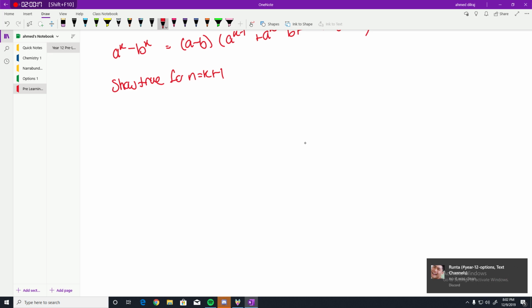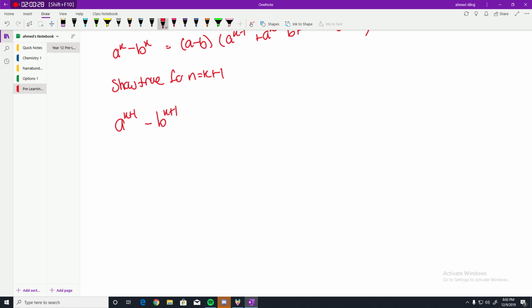Alright, whatever. So, show true for n is equal to k plus 1 is a to the k plus 1 minus b to the k plus 1. Now, this is our left-hand side, right? And 99% of people are going to get stuck here. Let's think about it. We want to get an a to the k minus b to the k, right? So let's say this is a to the k times a minus b to the k plus 1.